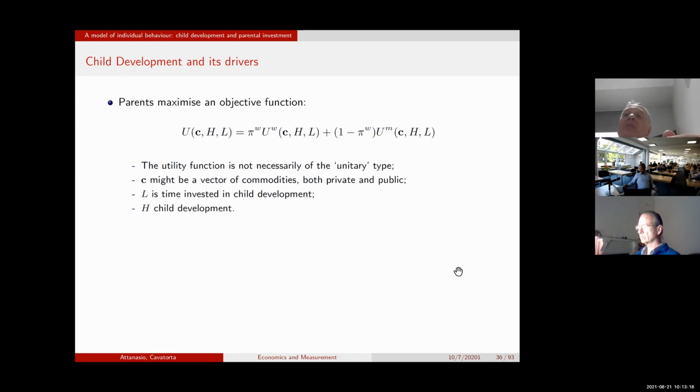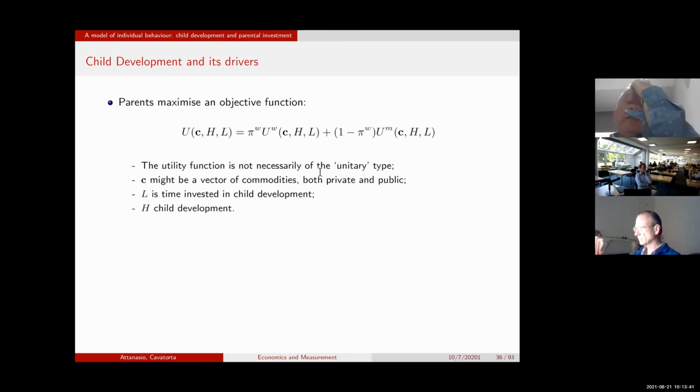So if you want to sketch a model, this is parents maximizing an objective function. Now, this is a bit more general than what I was referring to yesterday. So here we have couples. So there is a husband and a wife, man and woman in these things.